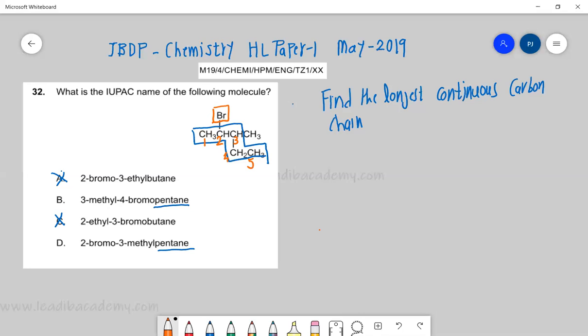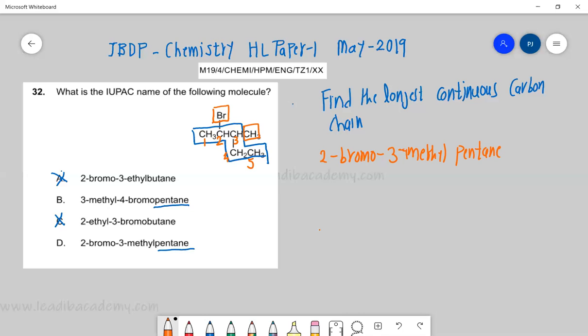That means on the second carbon atom there is a bromine, so 2-bromo, followed by 3-methyl, because there is a methyl group attached to the third carbon. Please see this carefully. So that means 2-bromo-3-methylpentane. Very, very simple.